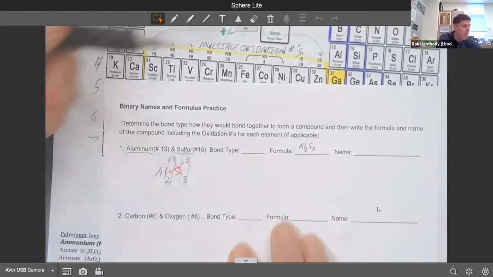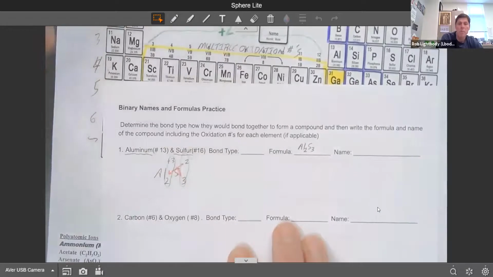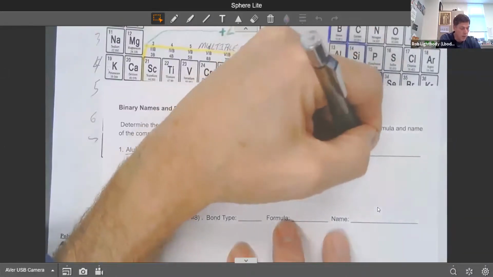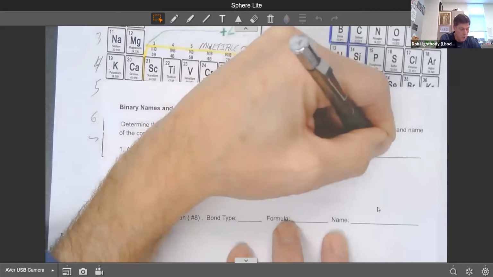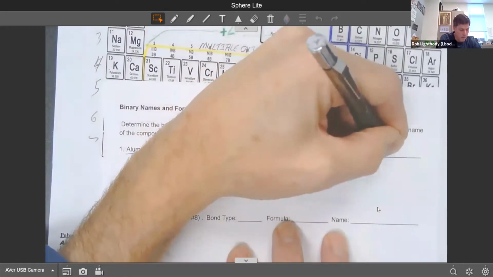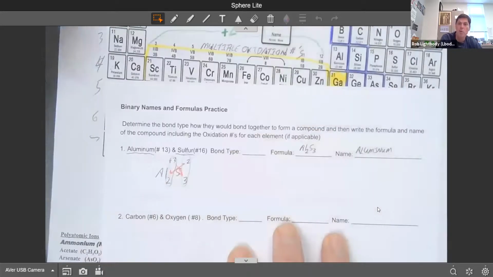Okay, there we go. In the formula, the metals are always written first. The positives always come first. In the name, it's the same thing. So Al is aluminum, so we would call that aluminum. S is sulfur, but in a compound, I can't just call it sulfur because that's an element by itself.